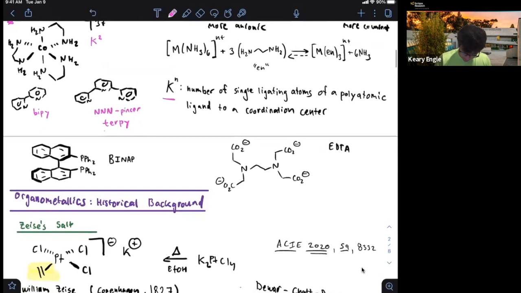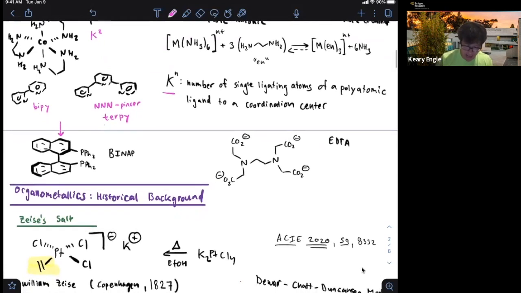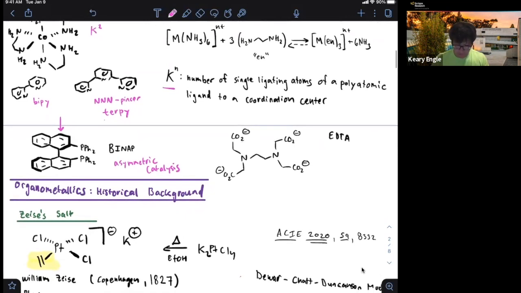You perhaps have used BINAP, which possesses a chiral axis through this biaryl linkage, and was first developed by the lab of Noyori, winning him the Nobel Prize. It's widely used in asymmetric catalysis, a really beautiful structure.